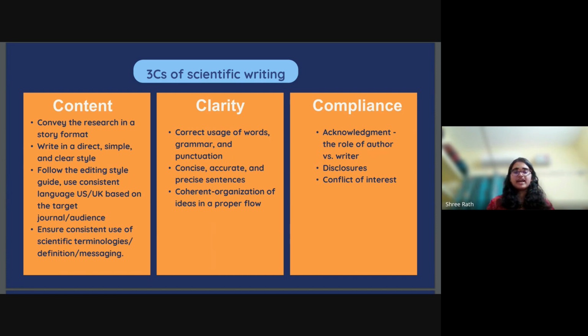And then finally, compliance. Obviously, you would comply with all the internationally accepted guidelines for writing a paper. You'd give your disclosures, any recommendations, or any disclosures in the sense of conflicts of interest.